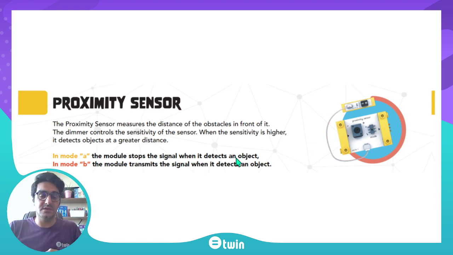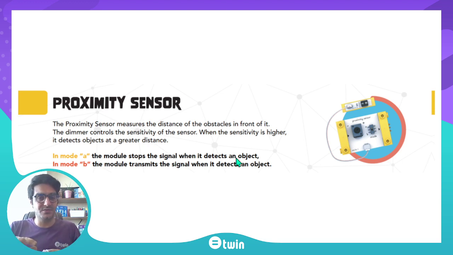As I mentioned, there is a switch on the right side which says mode A and mode B. If you want to use the proximity sensor in mode A, the module stops sending signal when it detects an object. So in mode A, if it doesn't see anything, it continuously sends the signal 1. And if it detects an object in front of it, it stops sending the signal.